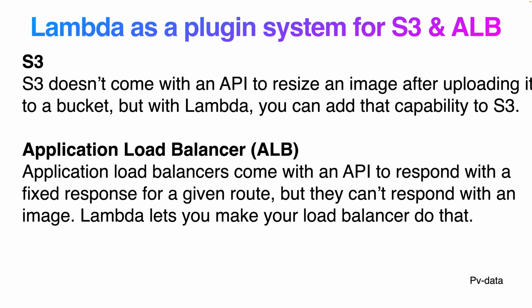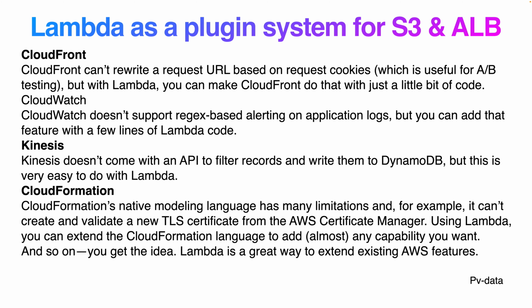Next, we talk about the Application Load Balancer. The Application Load Balancer comes with an API to respond with a fixed response for a given route, but it can't respond with an image. So Lambda lets you make your load balancer do it. CloudFront cannot rewrite a request URL based on the request cookies.